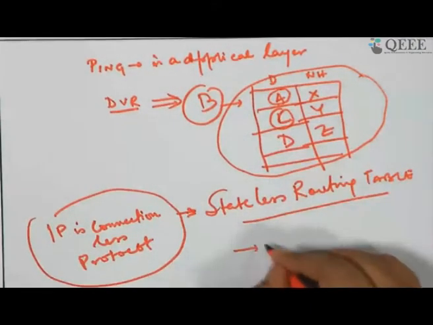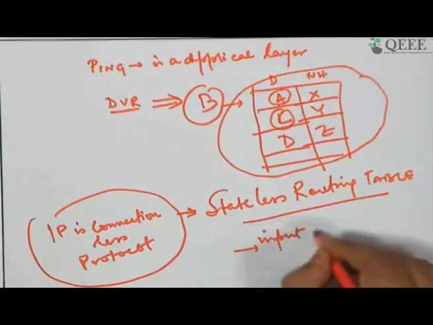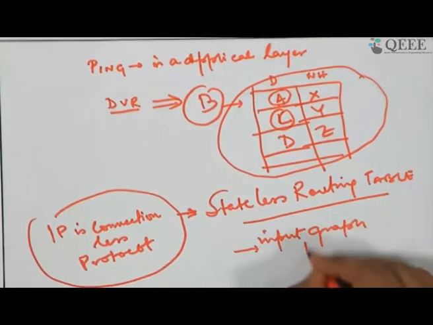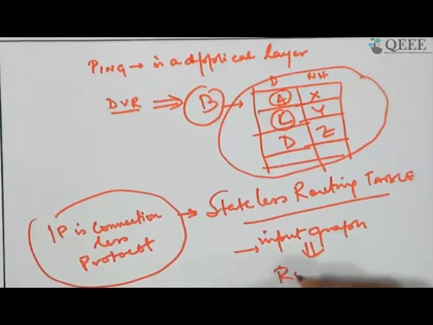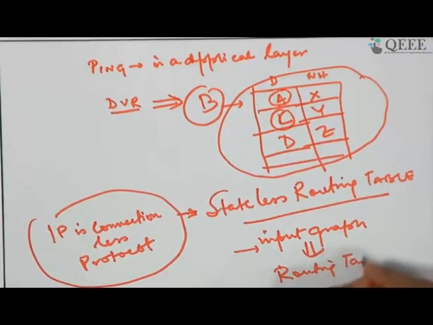They take an input graph and output a routing table.